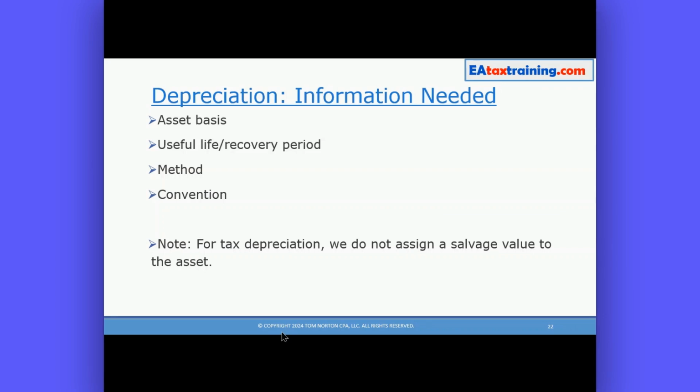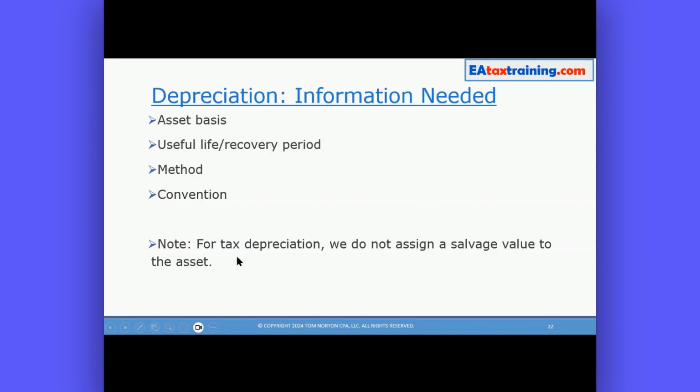Now, we talk here about the useful life or recovery period. In just financial accounting, generally accepted accounting principles, not only would you have salvage value, but your useful life would be more, I guess, subjective. So you could use as a business any reasonable useful life that you thought applied to that particular asset.